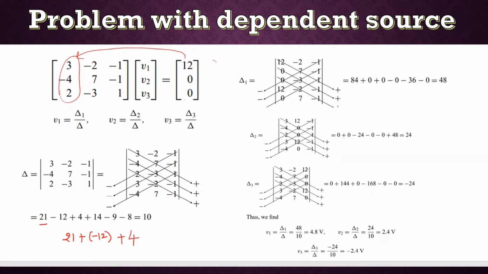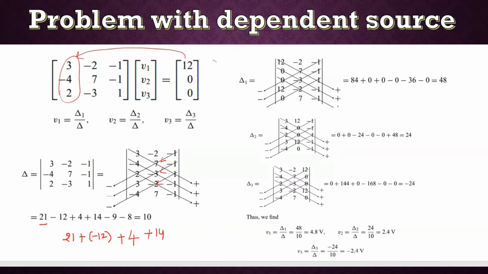Now you come to this side. So these 3, you come to these 3. Here we have to do minus. So keep minus. -1 into 7, -7, -7 into 2, -14. So minus of minus, that is plus 14.